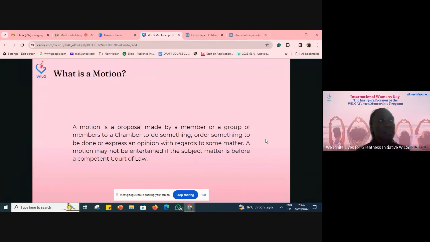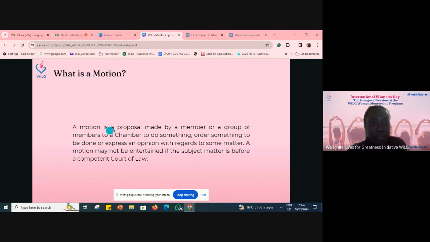And in order for your motion to be pushed or listened to, if you're trying to pass a bill, you need to make friends. Just like I said, building connections and leveraging your network. House of Reps members and senators also have to be friendly and have good communicative relationships with their other members, because when you have a motion, you need people to support and second your motion.